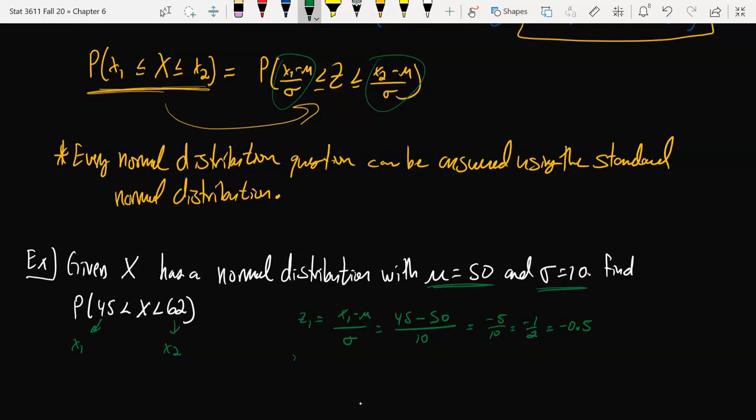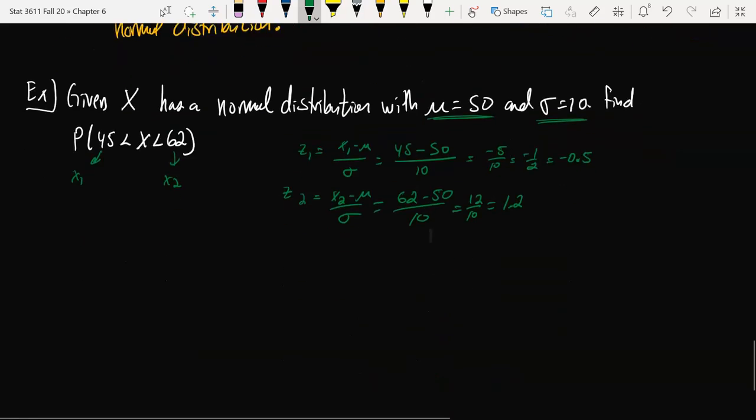And then what's the upper bound, z2? This is x2 minus mu over sigma. x2 is 62, so 62 minus 50 over 10. That is 12 tenths. As a decimal, that is 1.20, or just 1.2.